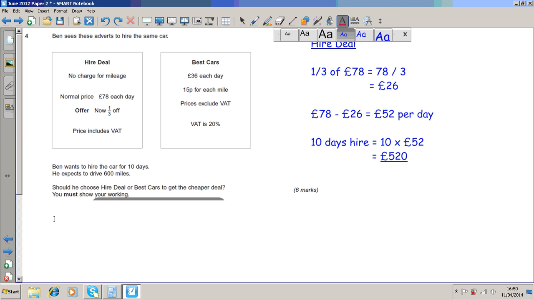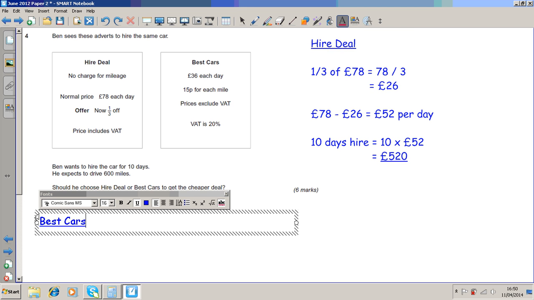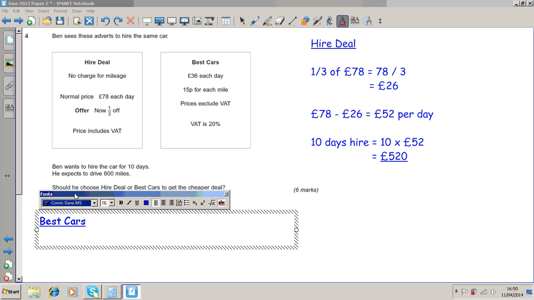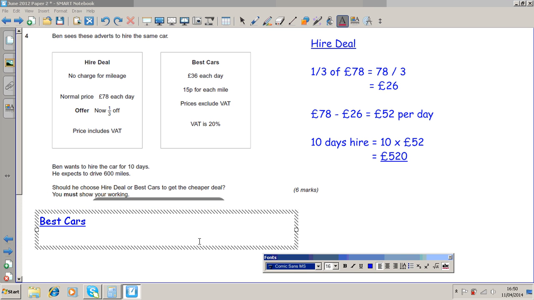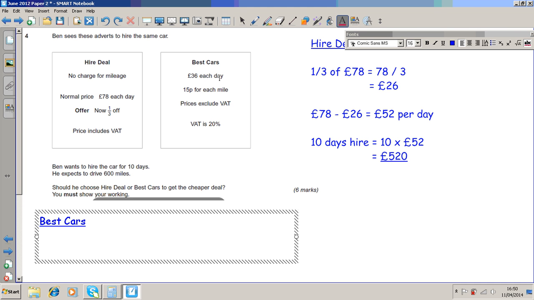Now let's have a look at Best Cars. Best Cars are £36 each day, 15 pence per mile. Prices exclude VAT, which is 20%. This is the one where you're going to get all your marks.